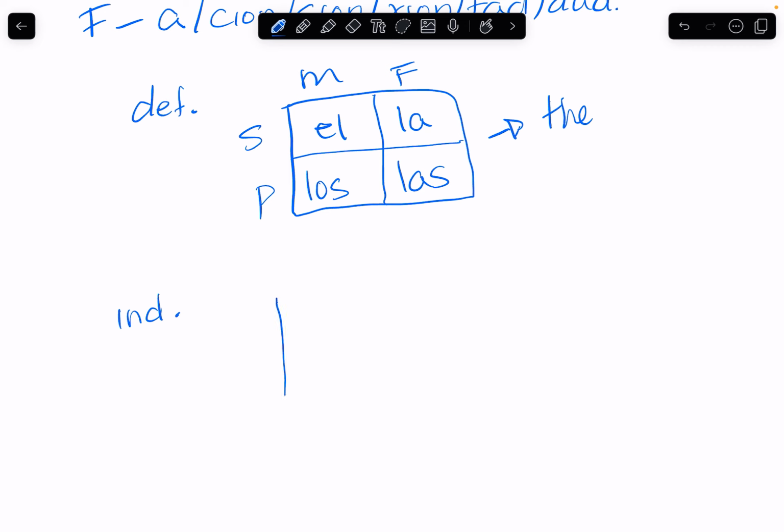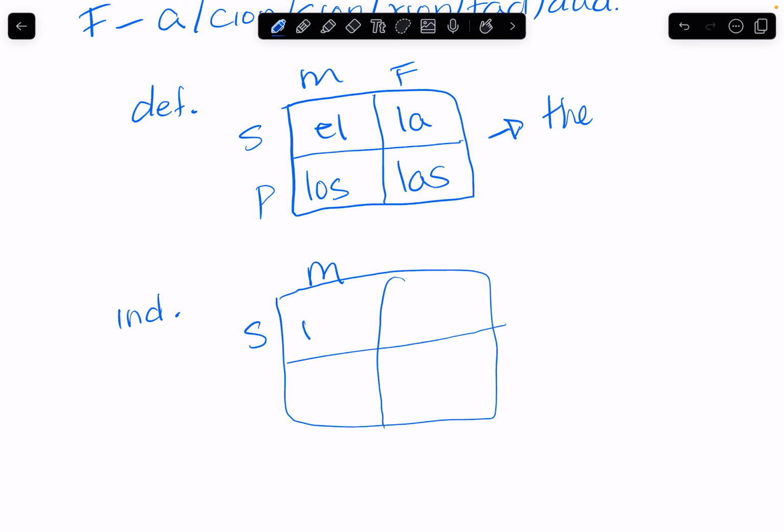So you have your indefinite articles. And those are singular masculine, un, feminine singular, una, masculine plural, unos, feminine plural, unas. And this is the equivalent to the English a or an.